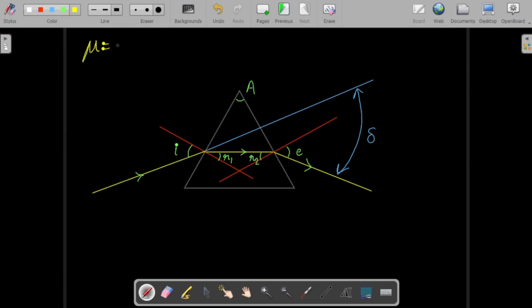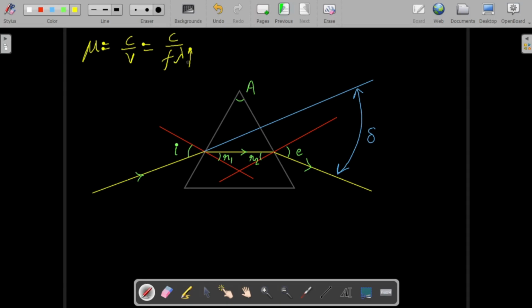We know the formula for mu as C by V, and V is f lambda. We know that frequency never changes, but wavelength changes by changing the medium. So if we increase the wavelength, then this whole value, the value of mu, is going to decrease.